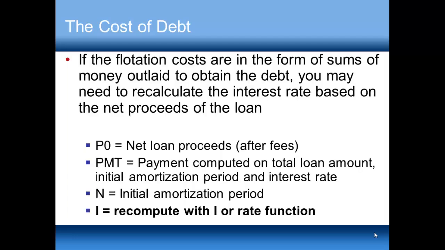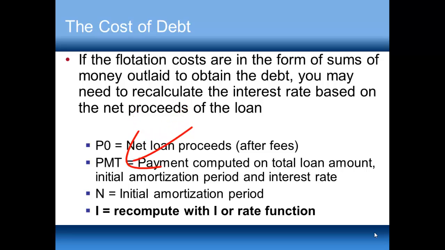Now, if the flotation cost on a debt takes more the form of monies that are outlaid to obtain the debt, you might need to recalculate the interest rate completely. It might be simpler than trying to estimate what F is as a percentage. So what we need to do here is to recompute I. P0 will be the net loan proceeds, the amount of money I receive from the loan less all of the fees.